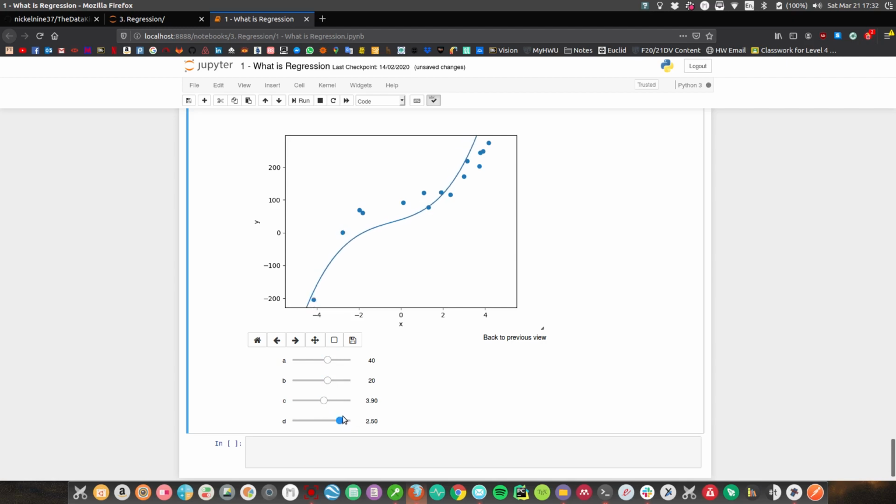Maybe it would be something like that. I don't know, that's not too good. But basically, by editing these variables a, b, c, and d, we would be able to find some function that fits this data well. And it's actually really hard to do it by hand.